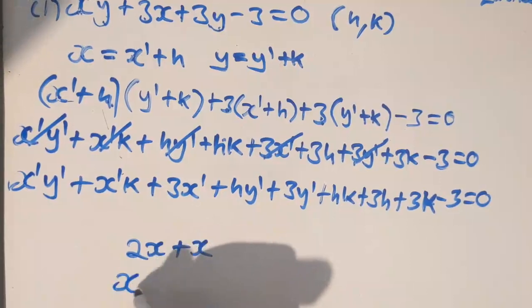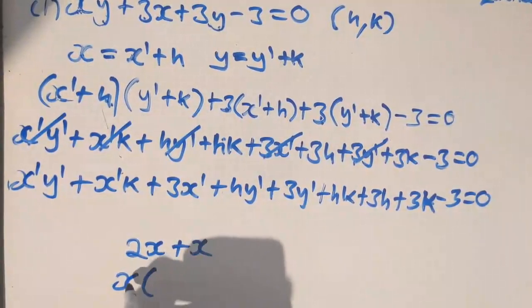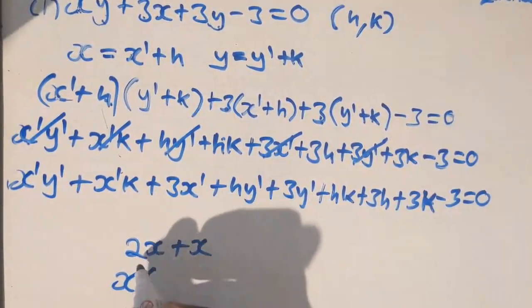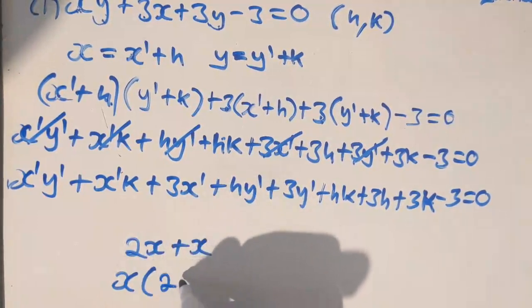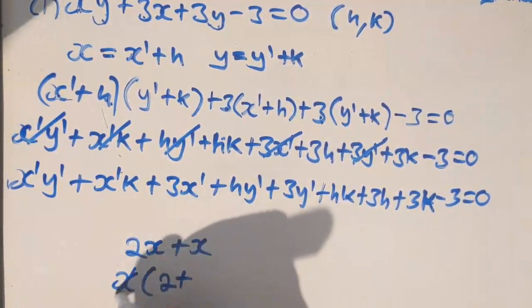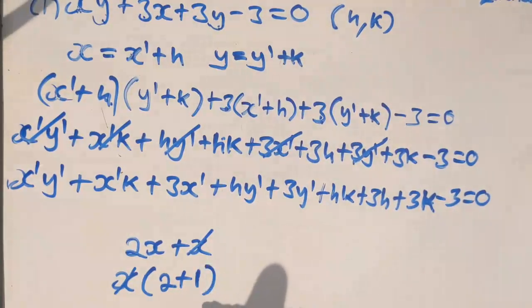You say x is common, right? That's what you do when factorizing. Then you open the bracket. So this, when it divides with that, or when it cancels with that, what is going to remain here is 2. Then you say plus this when it cancels with that, what is going to remain? It's just going to remain 1 like that, right? So that is what you'll be doing.